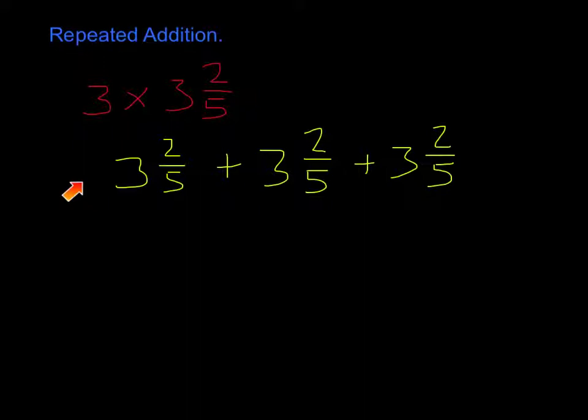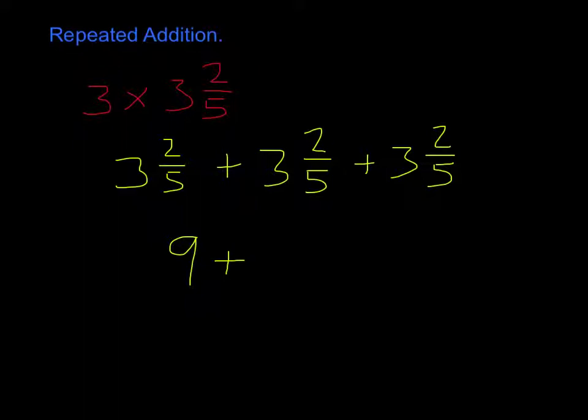Now we can add these up. Okay, we're going to start by adding our whole numbers. 1, 2, and 3. So we have 3 plus 3, which is 6, plus 3, which is going to be 9. So we're going to take our 9, and we're going to add that to our 5ths.